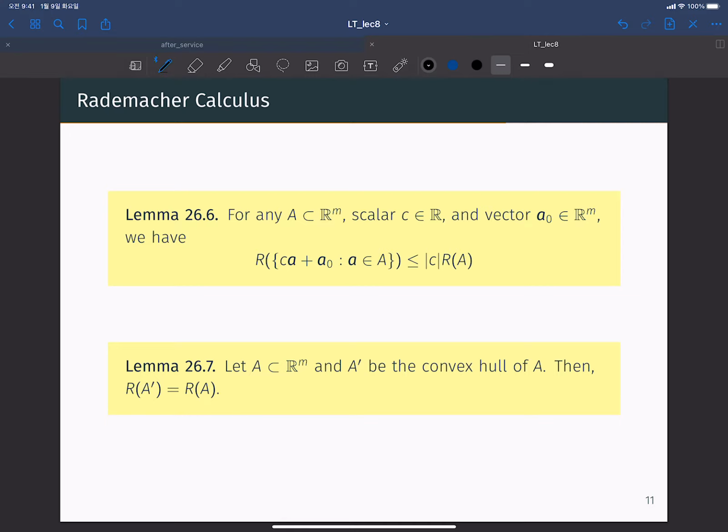Okay, now let's discuss some interesting behavior of Rademacher complexity. So the first thing is this. When we scale the hypothesis class, the scale also scales the Rademacher complexity. But a simple movement, adding this vector a0, does not change the Rademacher complexity.